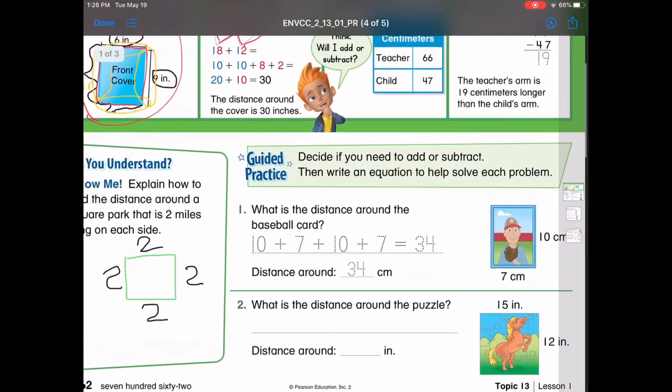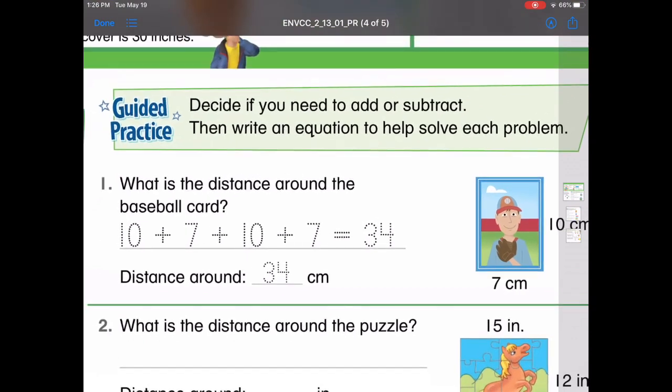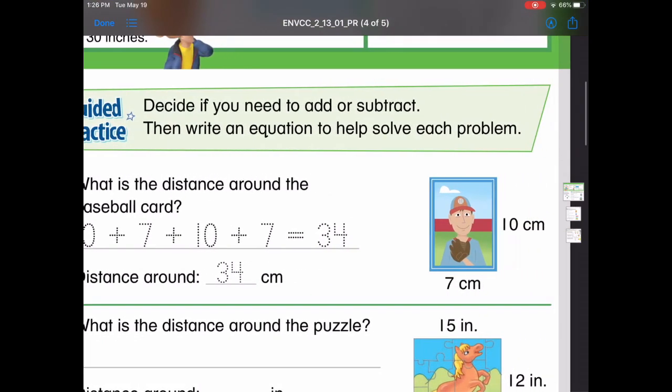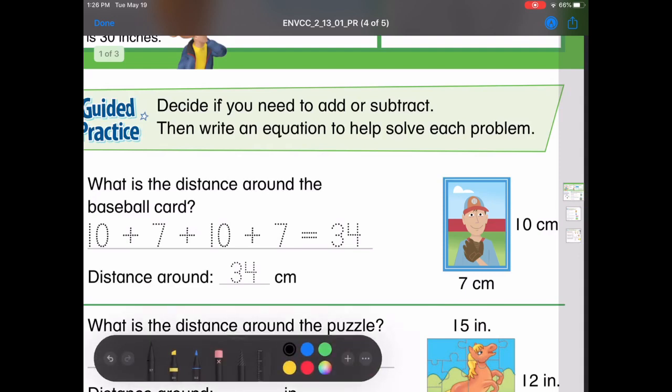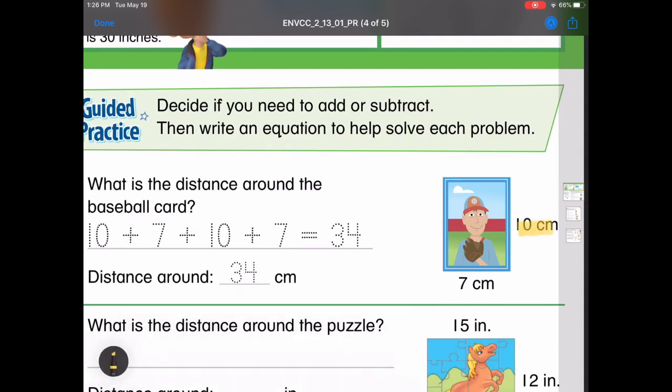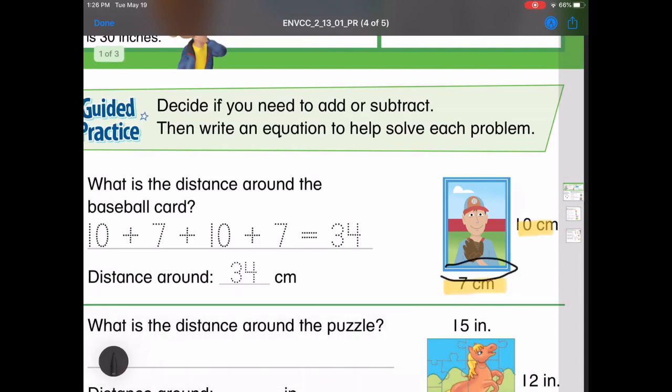Okay, then we're going to look at guided practice. Decide if you need to add or subtract, then write an equation to help solve the problem. Number 1 asks us, what is the distance around this baseball card? And we know that one side of it is 10 centimeters, and the other side of it is 7 centimeters. Think back to our book from earlier. This side is the same length as that side, and this side is the same as that side.